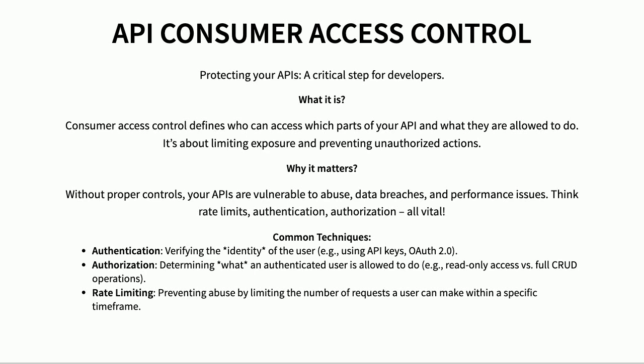First, we authenticate them, verifying that they actually are who they say they are, often using something like an API key or OAuth 2.0. Then comes authorization, determining exactly what they can do within the API. And finally, rate limiting helps us prevent abuse by restricting how many requests a user can make in a given time. It's a layered approach to security that protects both your API and your users.